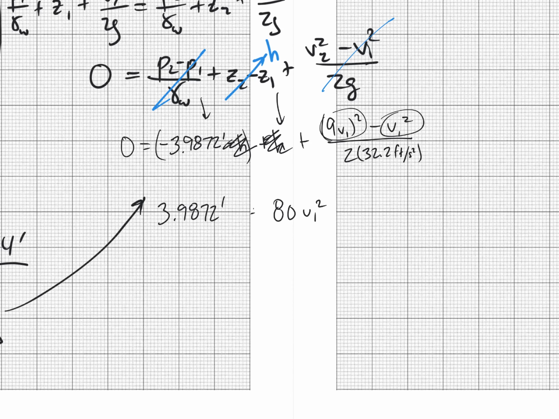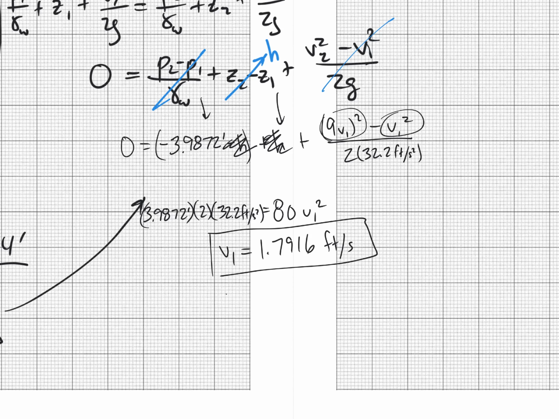I need to put an equal sign here because I've got a 2g that needs to squeeze in there. So we have 3.9872 feet times 2 times g, 32.2 feet per second squared. So V1 then equals 1.7916 feet per second. To get Q out of that, Q equals V1A1.